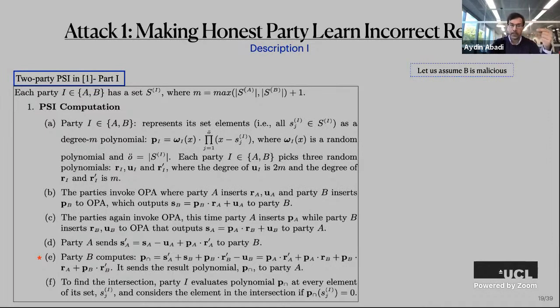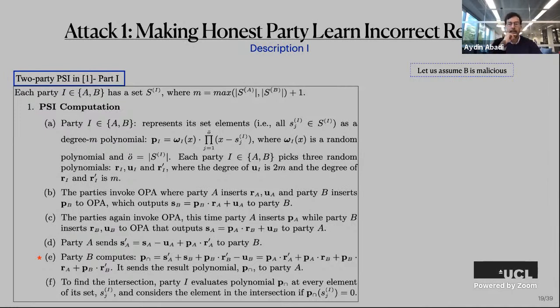Here in PSI computation, there are two parties who want to find the intersection, the final result. Here, I'm assuming party B is malicious. So in step one, each party sets its set as a polynomial, then they interact with each other to randomize their original polynomial.